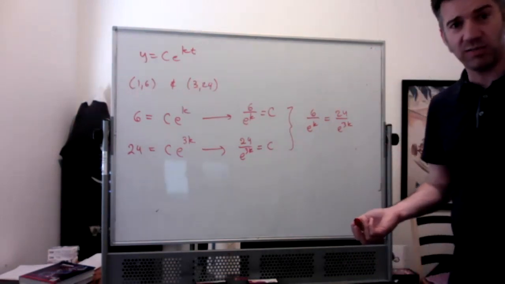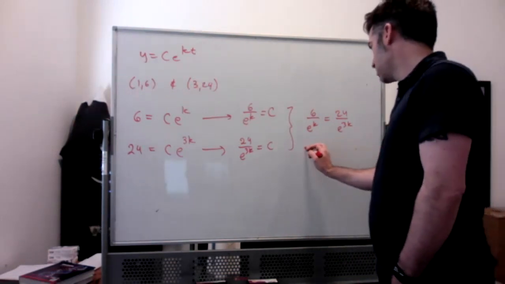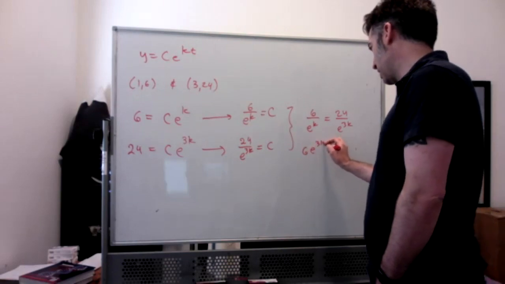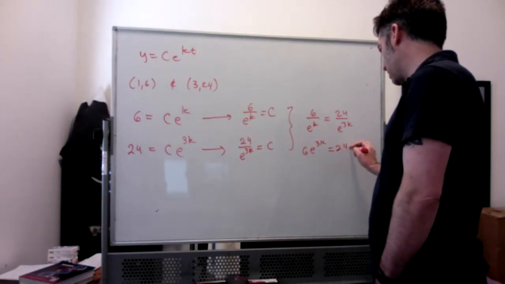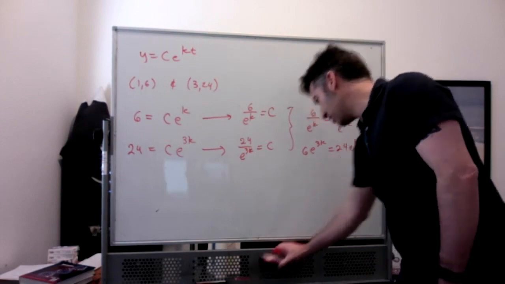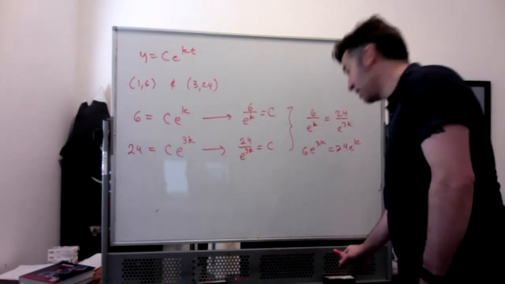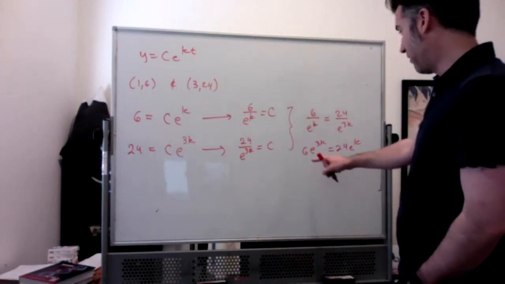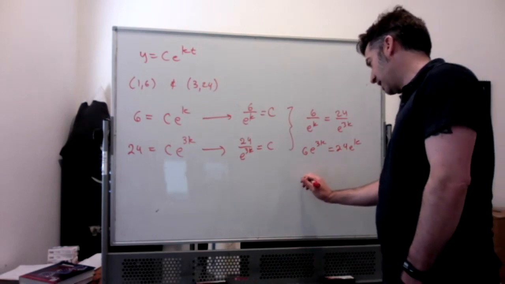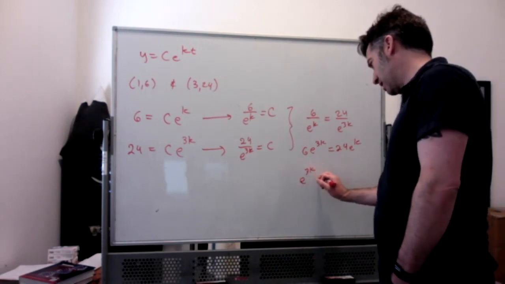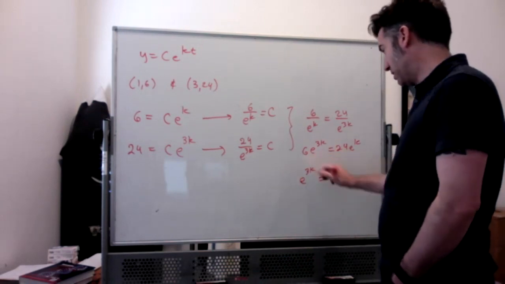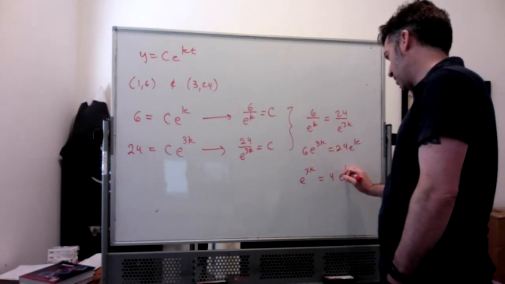I would probably cross multiply here. 6 e to the 3k equals 24 e to the k. I'm going to divide both sides by 6 and by e to the k. So I divide both sides by 6, I get e to the 3k equals 24 divided by 6 is 4 e to the k.